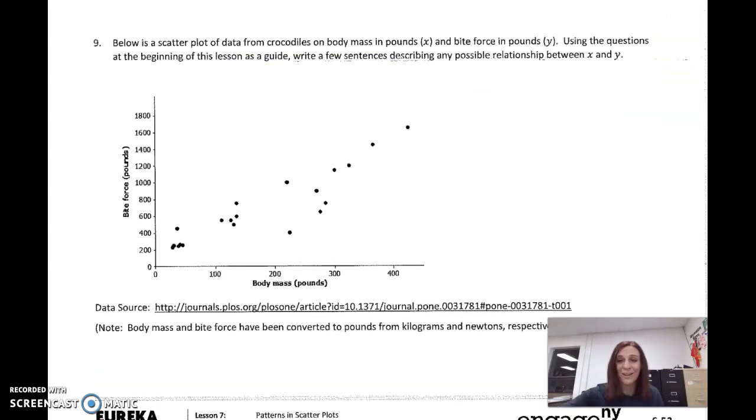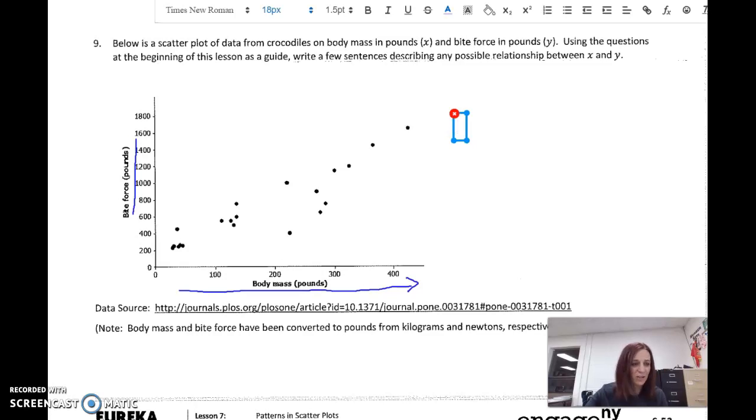Oh, it's back to crocodiles and bite force, right? So as our body mass is increasing, what is happening to the bite force? Do we think there's a relationship here? I think so. Yes, there are some that appear to be outliers here, but it really seems like there's a relationship right here, and I think it's linear.